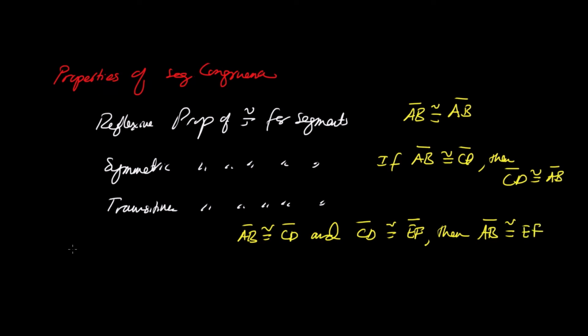That is, if A is equal to B and B is equal to C, then A is equal to C. That was our transitive property of equality for real numbers. The transitive property of congruence is very similar to that. If AB is congruent to CD and CD is congruent to EF, then AB is congruent to EF. I just wanted to introduce this, and we shall build on this next time.